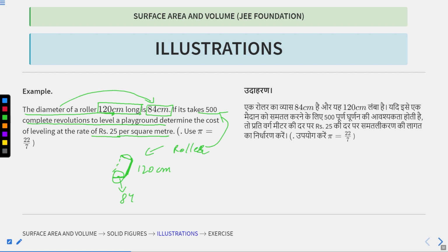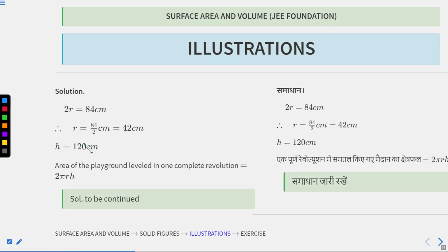Here the unit we are using is meter square, and here we use centimeter. So the main point is to change our unit to meter or to centimeters. Let's see how the solution goes.